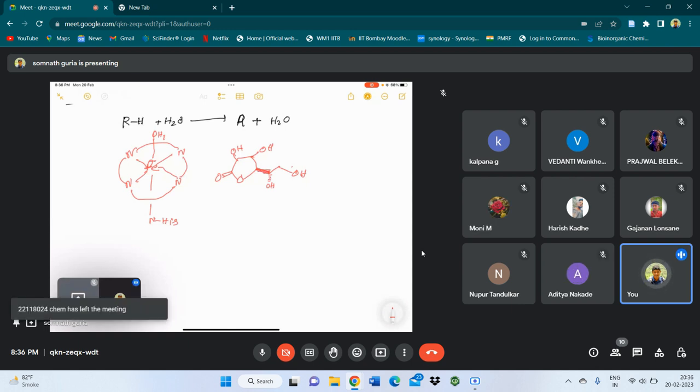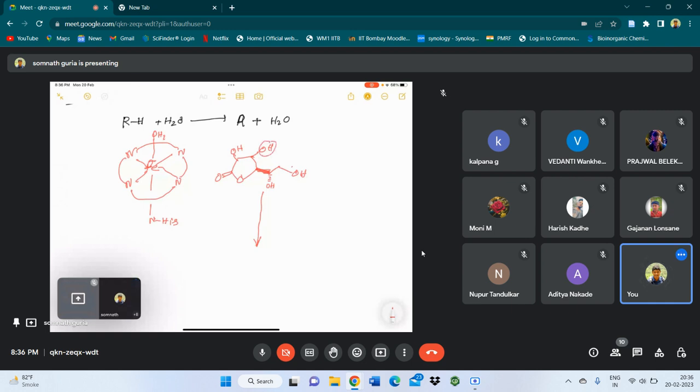So this is the ascorbic acid. It is transformed to dehydroascorbic acid. That means these two OH groups oxidize to ketone.